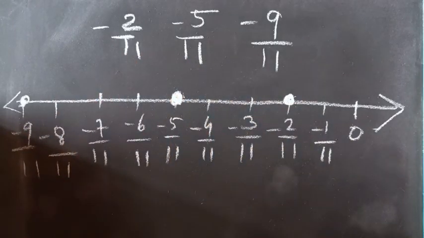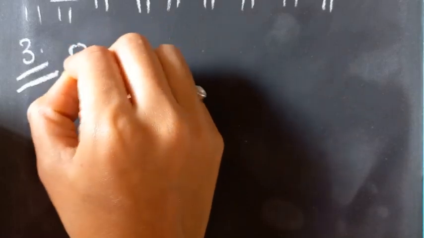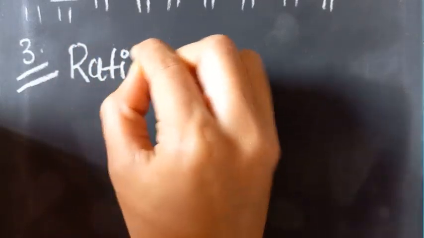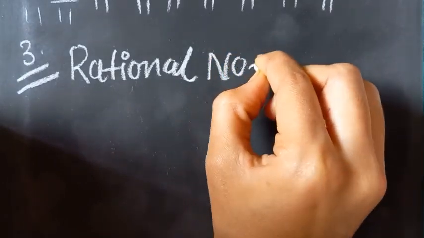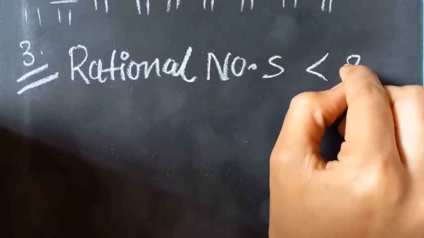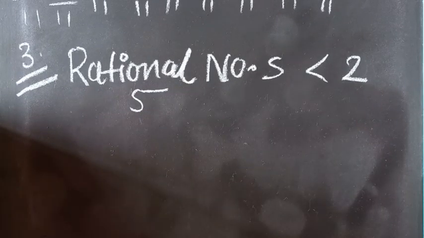Now move on to question number 3. Question number 3 is: write 5 rational numbers which are smaller than 2. Any 5 rational numbers which are less than 2 we have to write in this question.